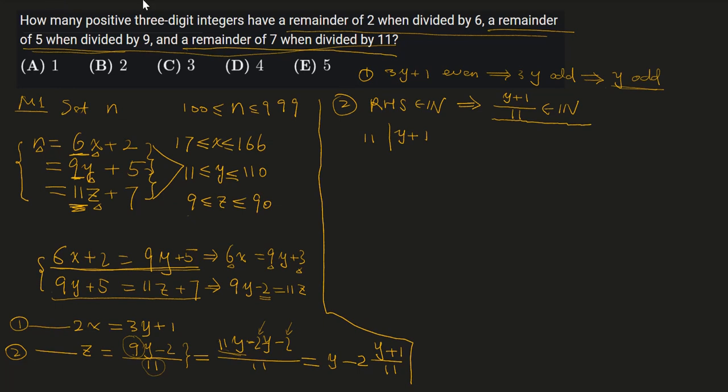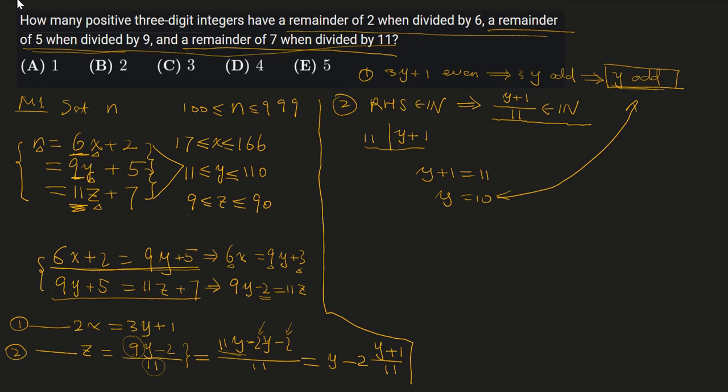Probably not. Check this condition out. Y got to be odd. So the easiest choice for this case is y plus 1 equals 11, right? When that equals 11, y equals 10. This contradicts that condition, right?